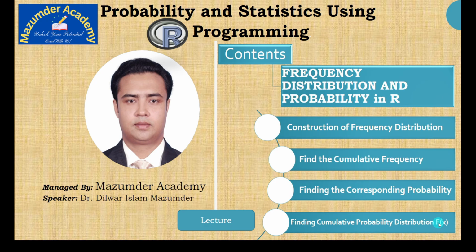distribution F of x. One more point I want to clear here: this classical probability math question we are not able to do easily in R programming, because one of the packages, prob, which was a very powerful package, I was using, and all of a sudden R removed that package.